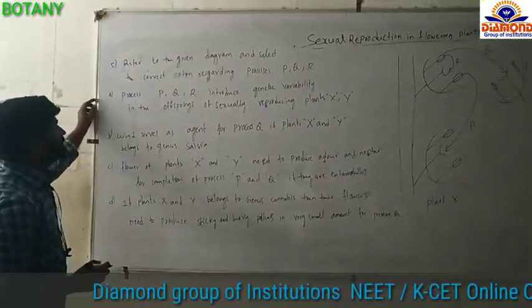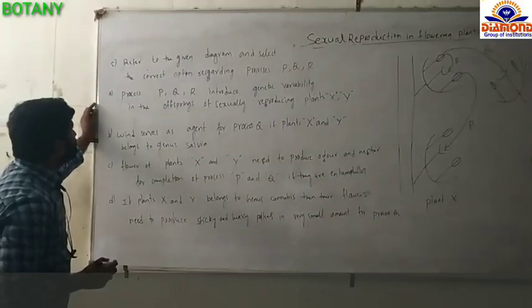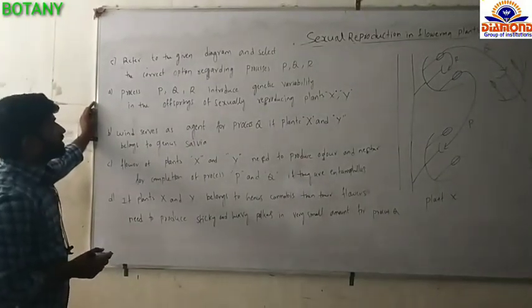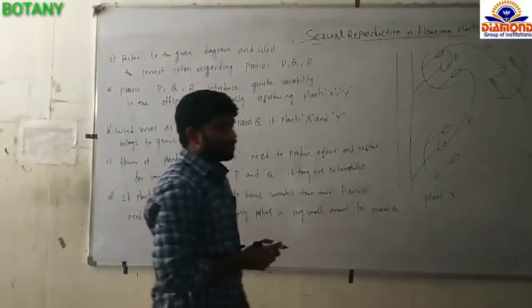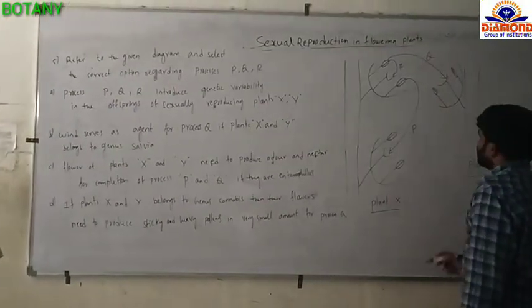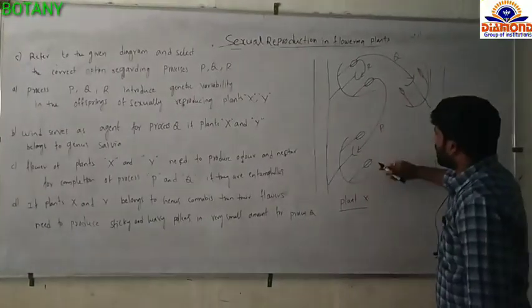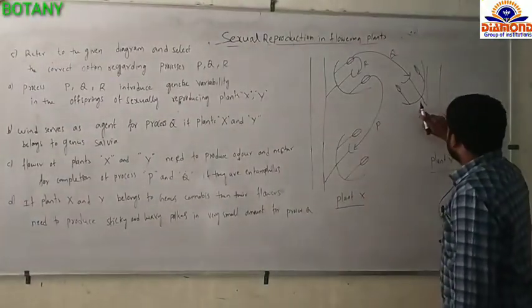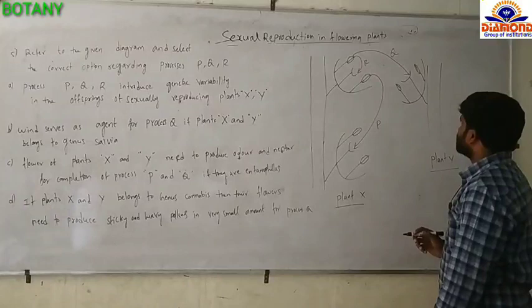Refer to the given diagram and select the correct option regarding the processes P, Q, R. Here the question gives a diagram of plant X and plant Y. Plant X has two bisexual flowers and plant Y has one bisexual flower.